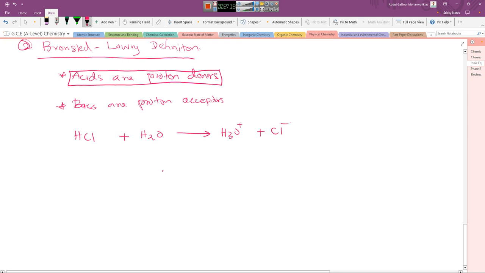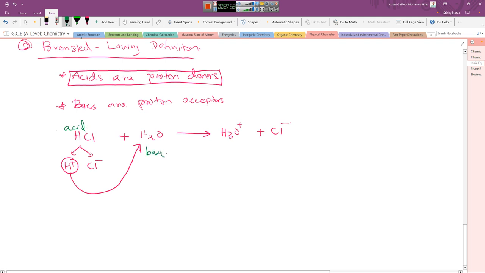As you can see here, this HCl will dissociate as H+ and Cl-, and this H+ is given to H2O, which means this HCl donates H+ to H2O. So according to the Bronsted-Lowry definition, this HCl is donating H+, hence it is called acid. And since H2O is accepting a proton, this will be called base.